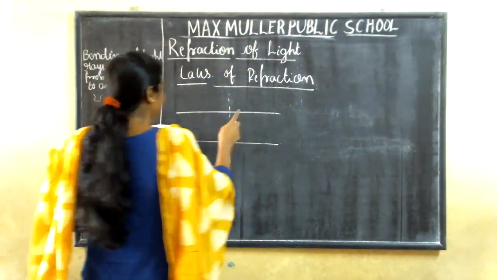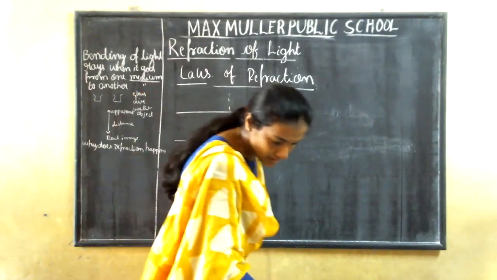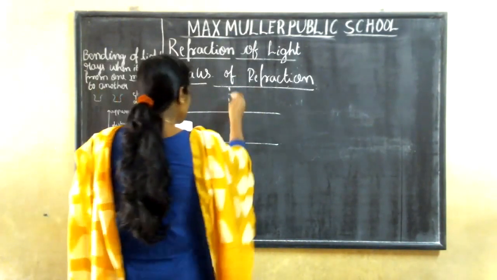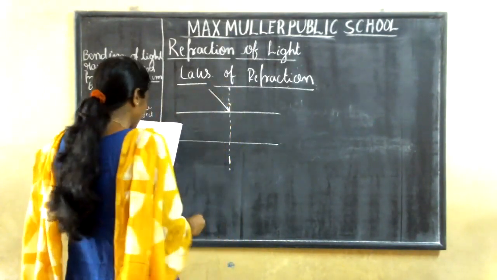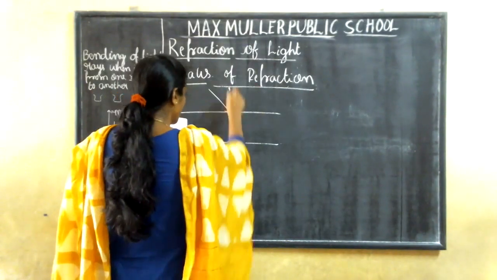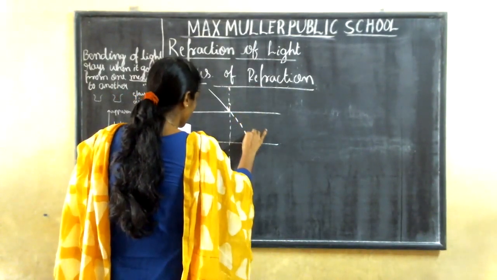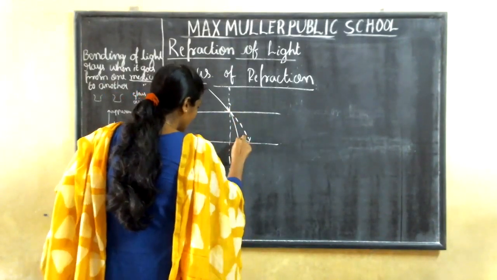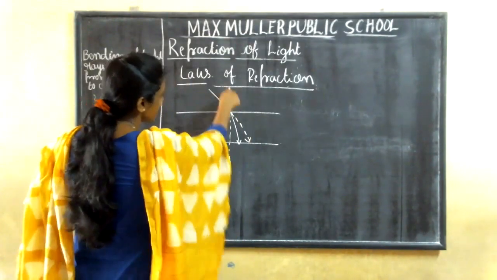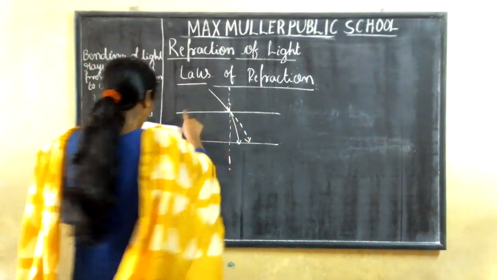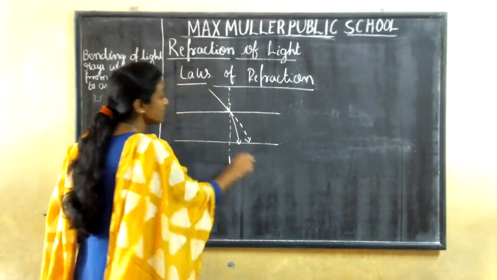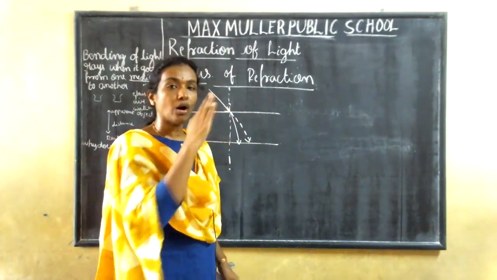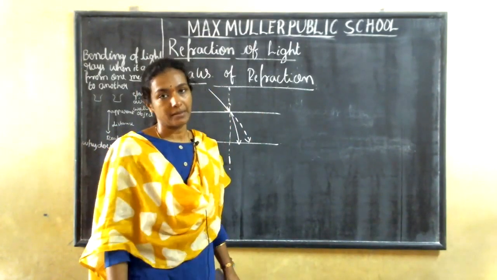Clear? Now first, if you can see in your textbook, children, I'm going to draw the diagram for that. First one is the incident ray, the normal ray, and the refracted ray. Incident ray, normal ray, and refracted ray, all three lie in the same plane.